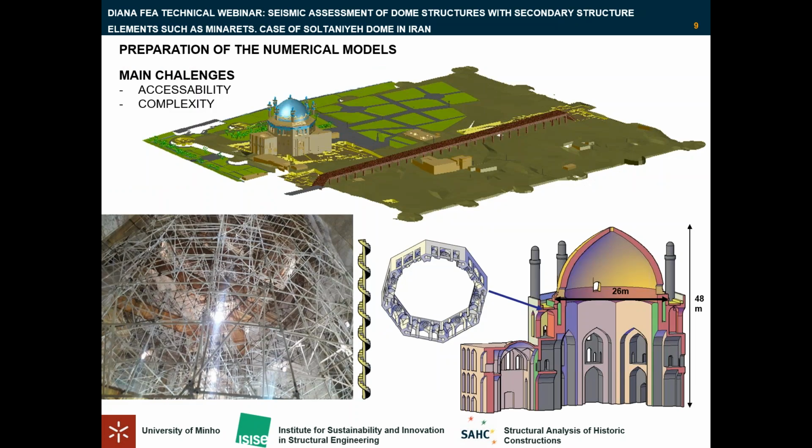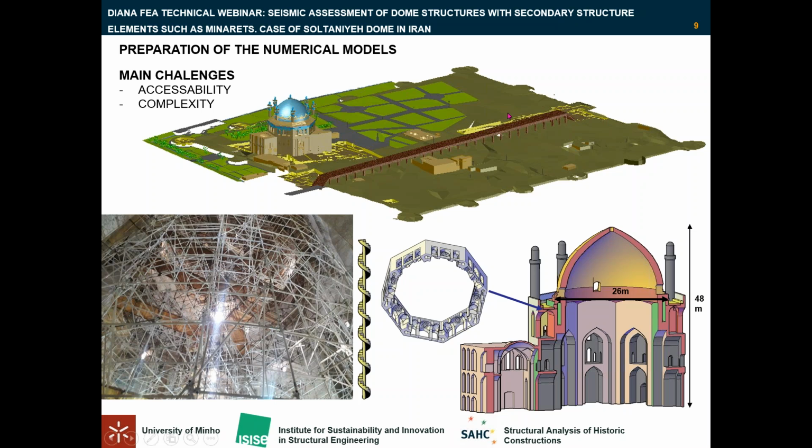The most challenging part of this work was the modeling process. There is a huge scaffolding inside the building, as you can see in this picture, in the dome hall since 1970s, which was placed during the works of ISMEO. The exterior part of the building and the site has been documented by means of laser scanners, photogrammetry, and other technologies.